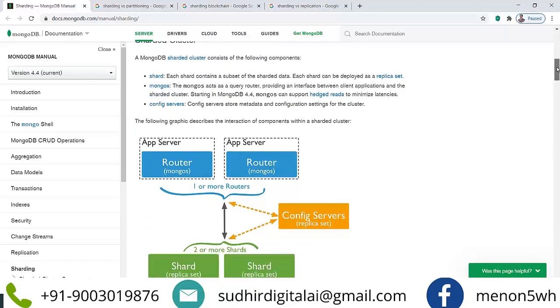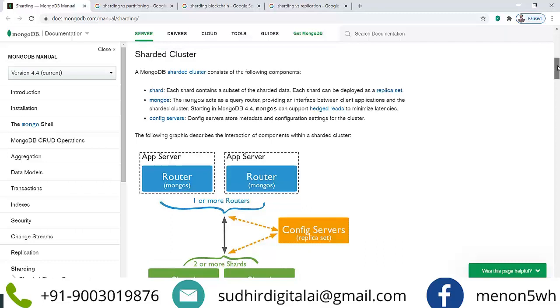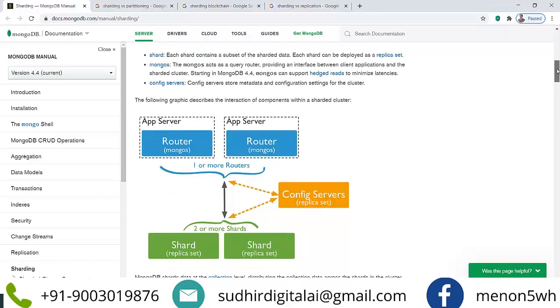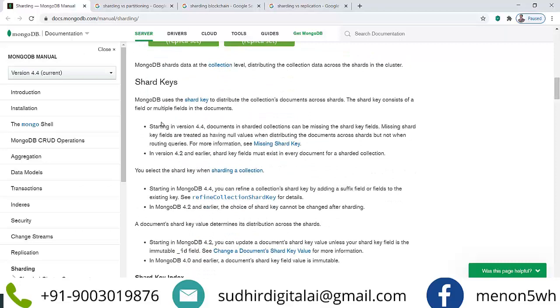Mongos acts as a query router, providing an interface between the client application and the sharded cluster. MongoDB 4.4 can support hedged reads to minimize latency. Then you have config servers to store metadata and configuration settings for the cluster. MongoDB uses the shard key to distribute a collection's documents across shards.